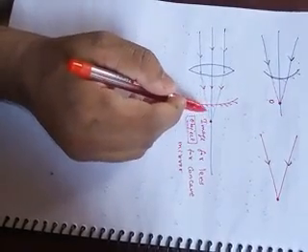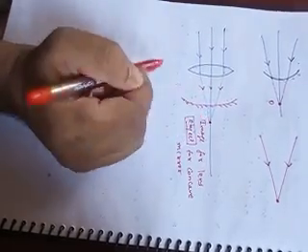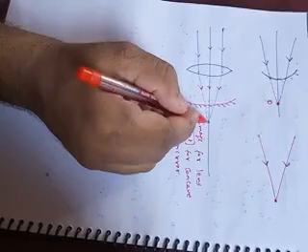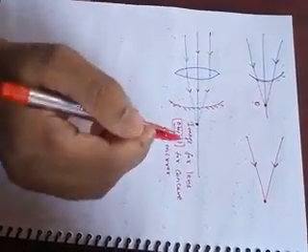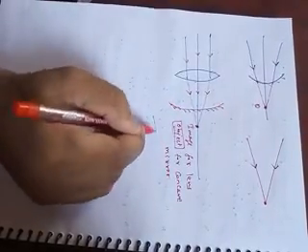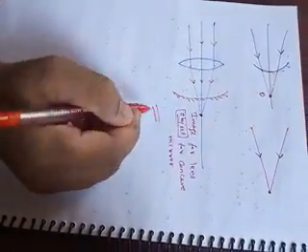It gives a sensation, an illusion, that they are going to meet here. So this is the image for the convex lens and the object for the concave mirror, right? Let us see some real examples, with data also.